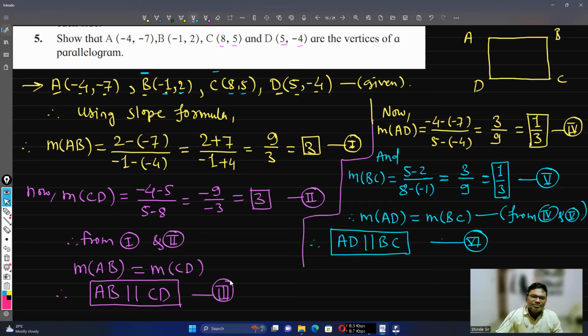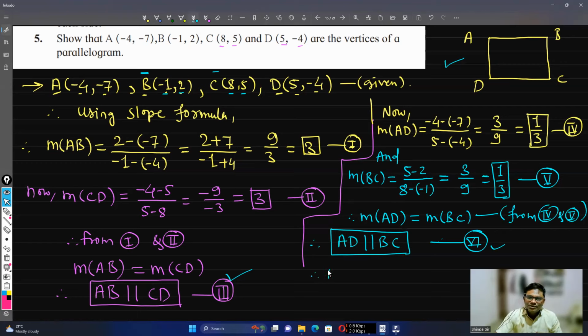Now check out statement number 3 and 6. We have the pairs of opposite sides of this quadrilateral ABCD are parallel. Therefore, from the definition, this quadrilateral must be a parallelogram.